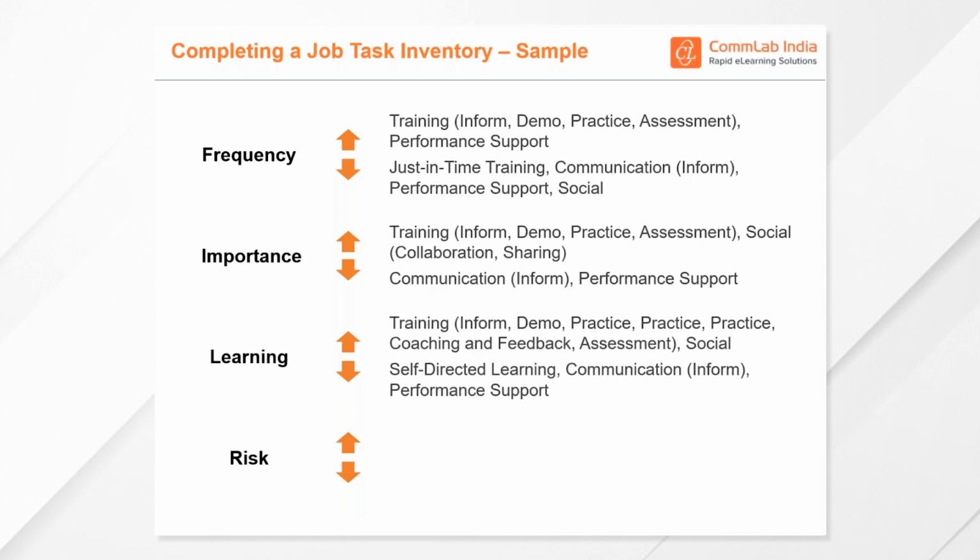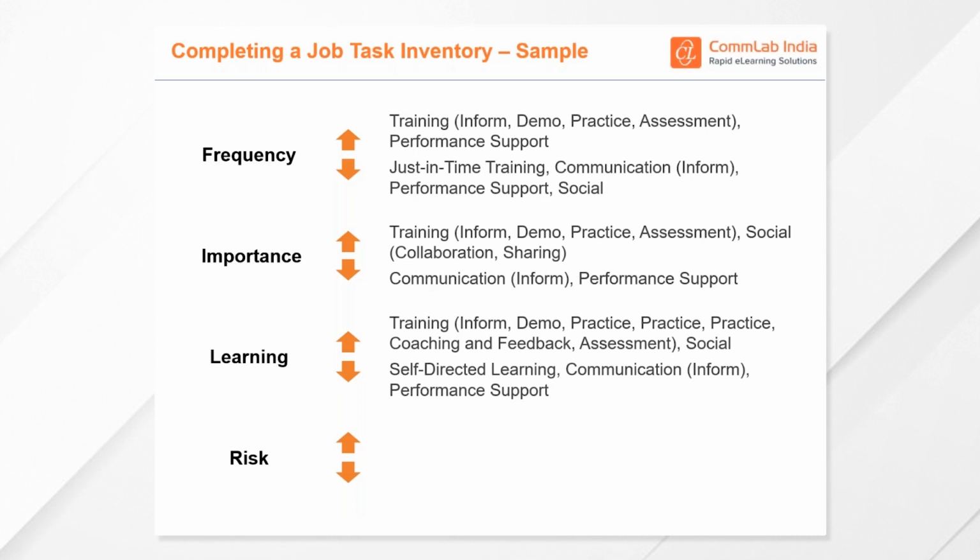Now, the other parameter is that of risk. What do I mean by that? If you break down the job into various tasks, some tasks are very risky. The consequences of not doing a certain task lead to risk, either to a person's life or to property or to somebody else.